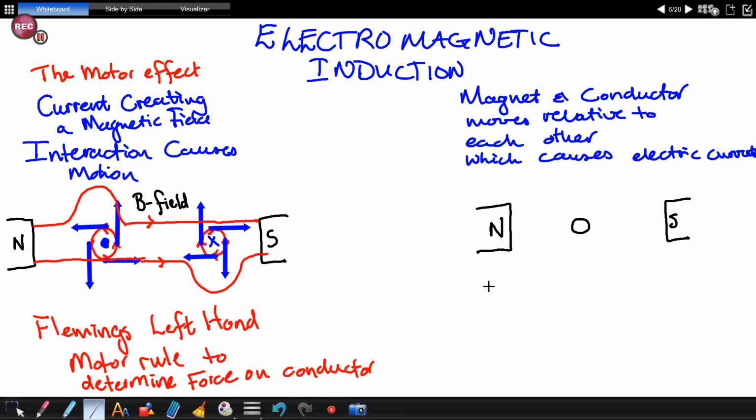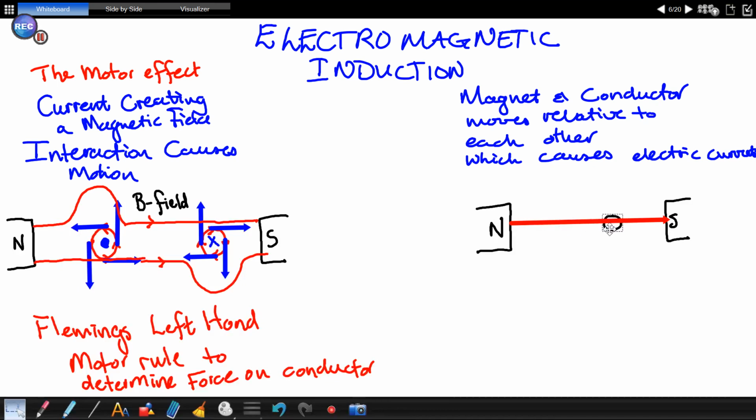If you've got a magnetic field, so this one is your magnetic field, it is from north to south. And I want to take this conductor and move it in the magnetic field. Where will I move it to? Will it help if I move it like this, going with the lines of the permanent magnetic field?